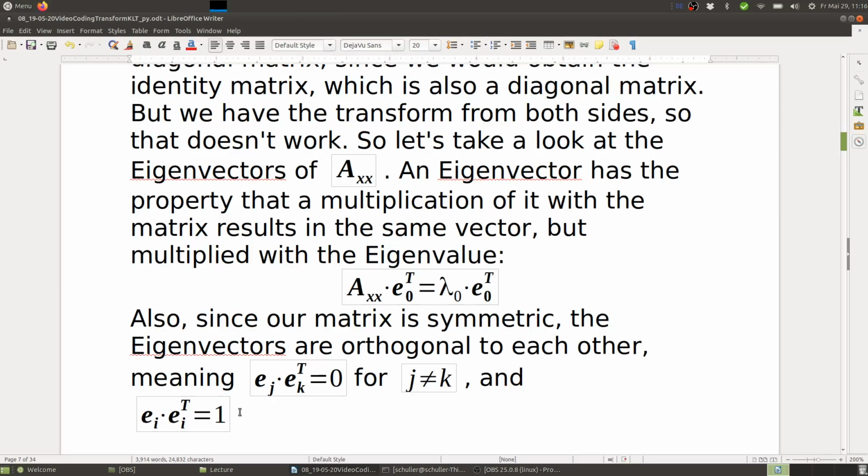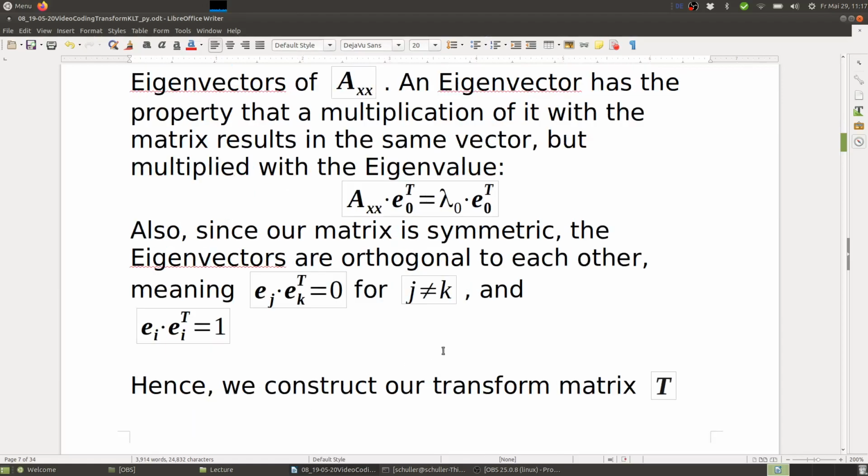And if we multiply Ei times Ei transpose, the vector with itself, we get 1. So the length of each vector is 1. That's convenient because this means we have a new coordinate system.